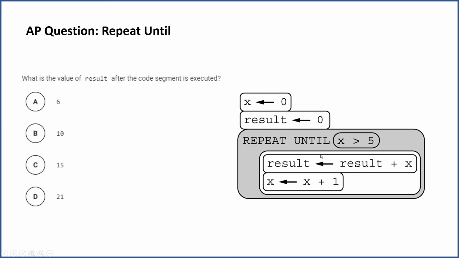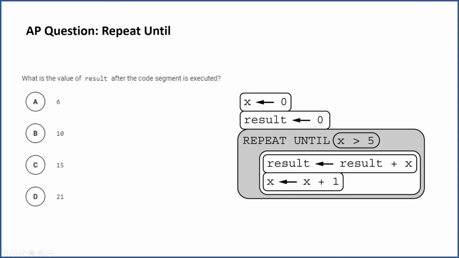And then it asks, what's the value of result after the code segment is executed? First we start with result 0 and x is 0. Then we add 0 to 0 and save it in result, so result is still 0. Then we add 1, and 1 gets added to result and saved.